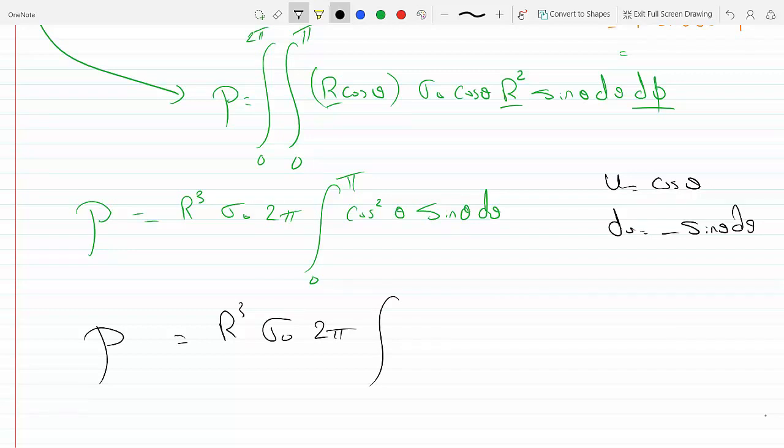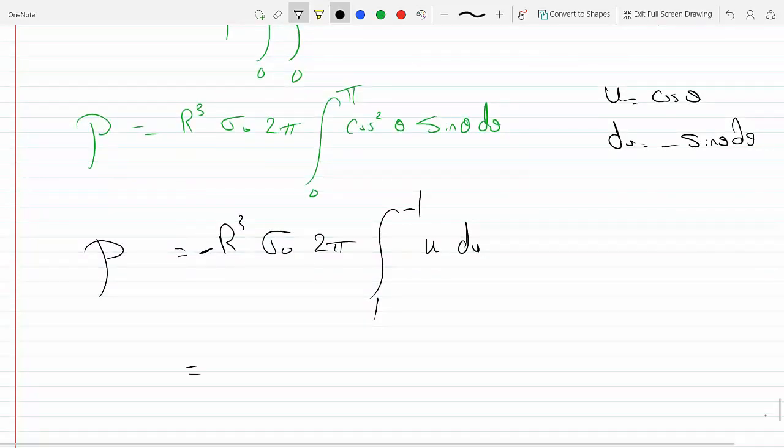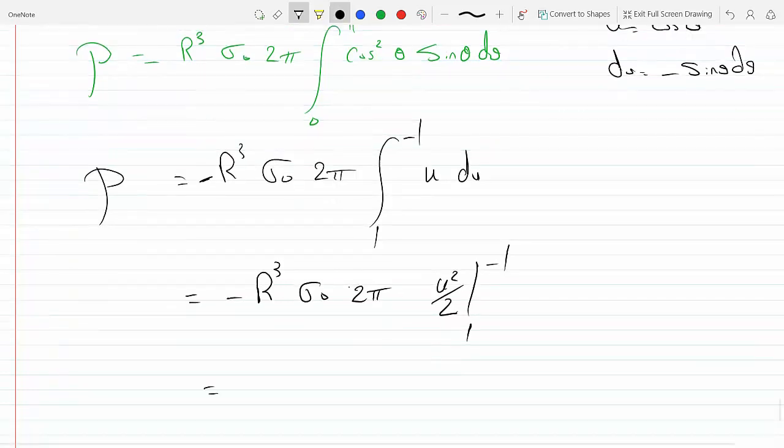Now if theta is 0, u is 1, and if it's pi, u is minus 1, so we get u du, and there's a minus sign here, so this becomes minus r cubed sigma 0 to pi u squared over 2 from 1 to minus 1.